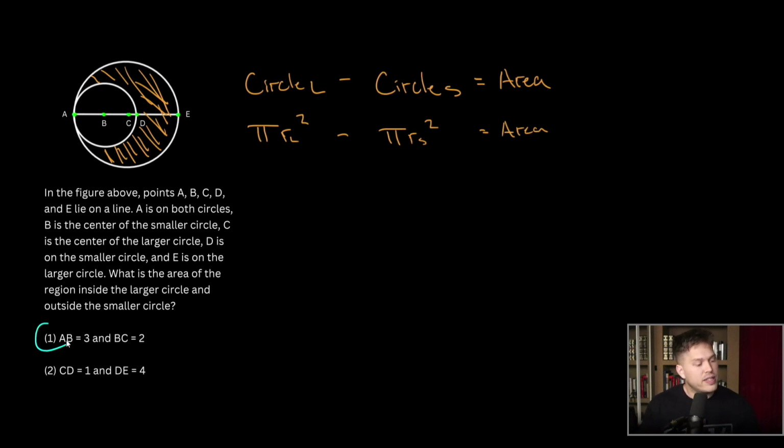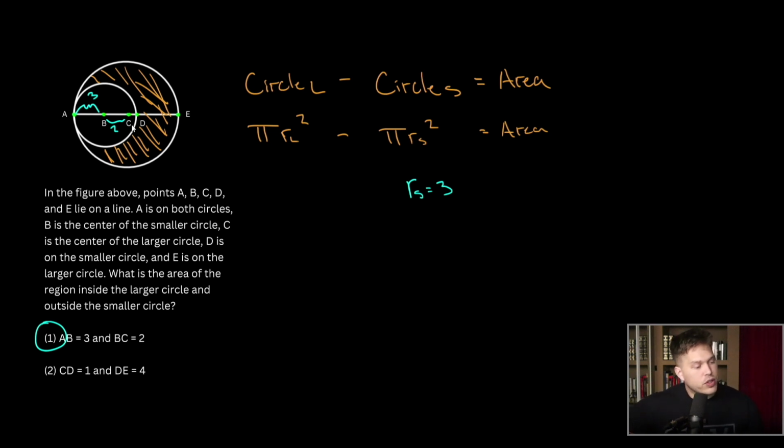What does it tell us? It tells us that AB is 3. That's fantastic. It already tells us the radius of our smaller circle. And then it says BC is 2, so this distance is 2. Can we determine the radius of our larger circle from this information?